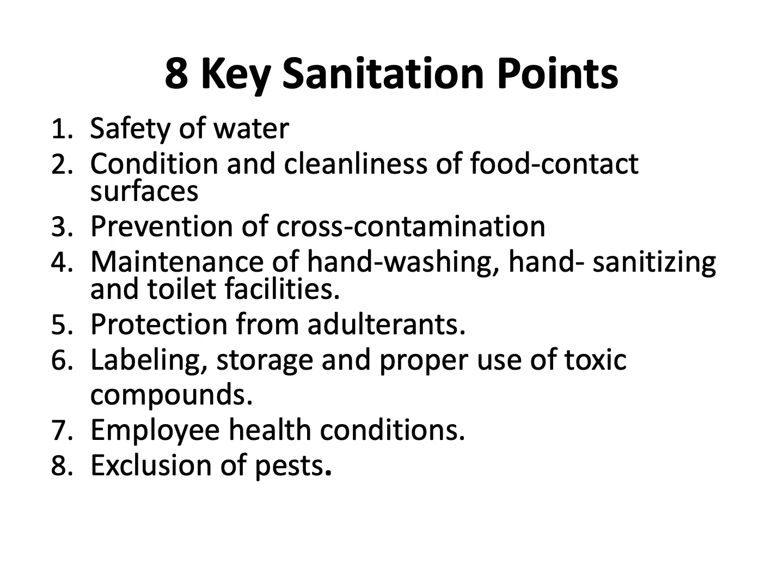Number 5, protection from adulterants. Number 6, labeling, storage, and proper use of toxic compounds and chemicals. Number 7, employee health and hygiene. And number 8, exclusion of pests. You must monitor, you must correct any deficiencies, and you must document.